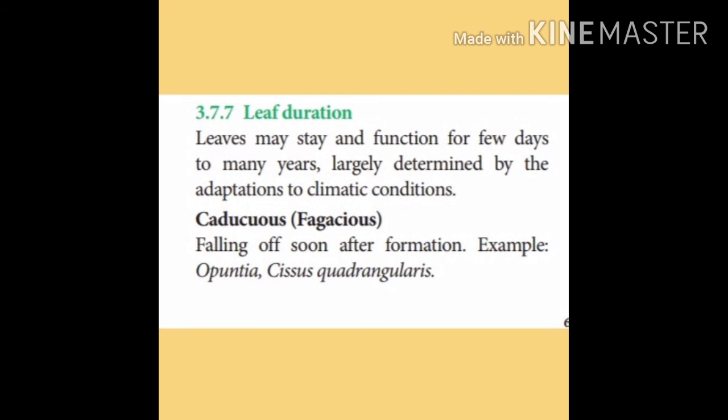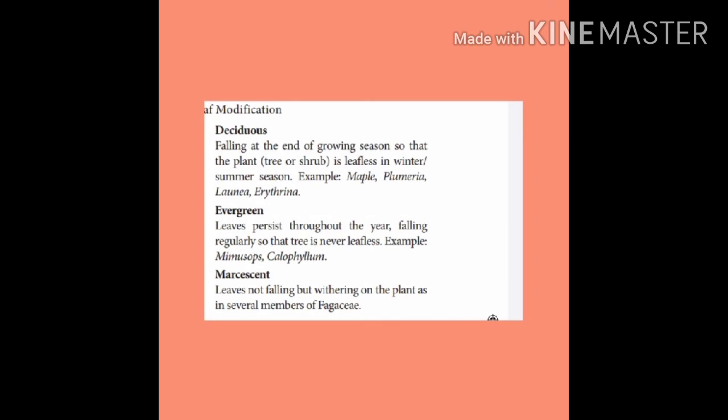Evergreen persists, meaning staying as such for a longer period of time. Marcescent is a condition where leaves do not fall but wither on the plant, as in several members of the Fagaceae. Withering is just getting reduced, drying off and then falling down. So that is the condition of marcescent.